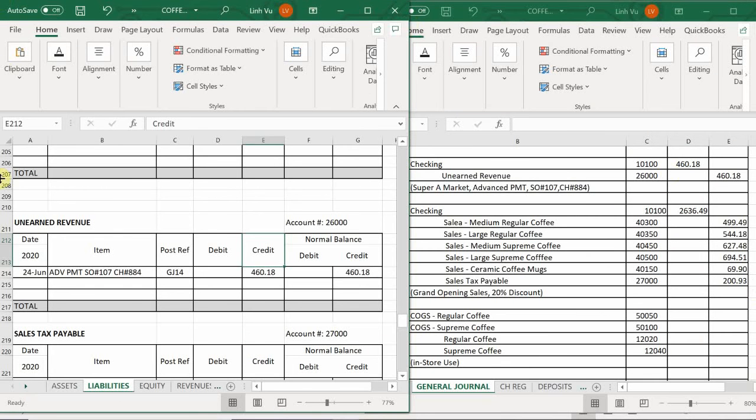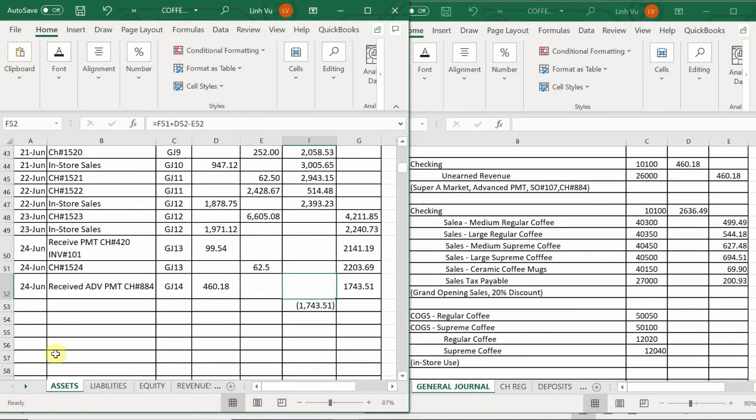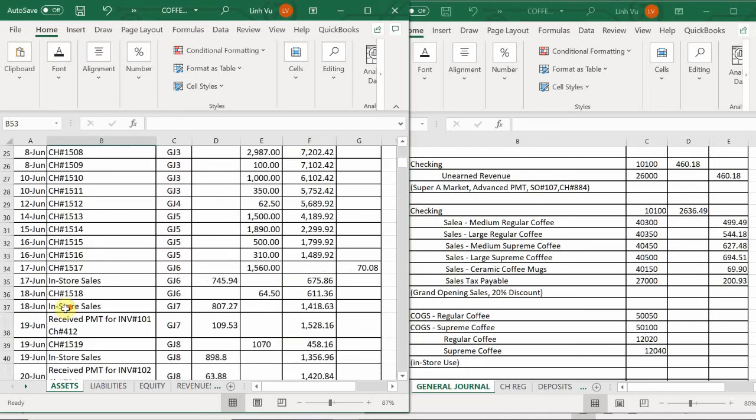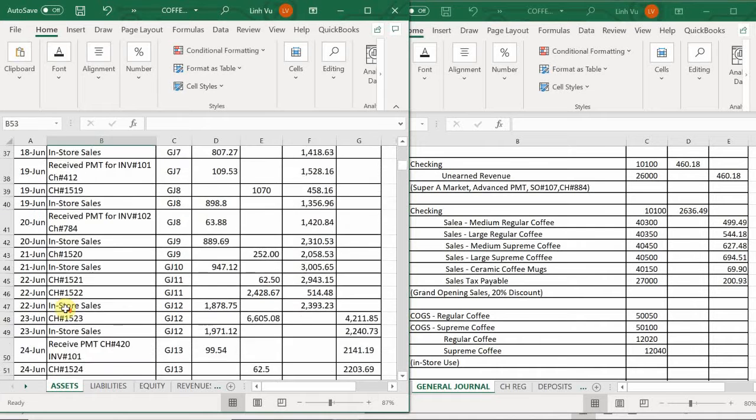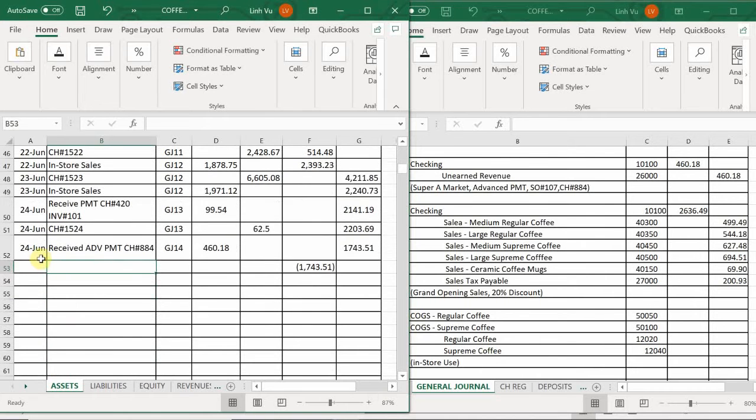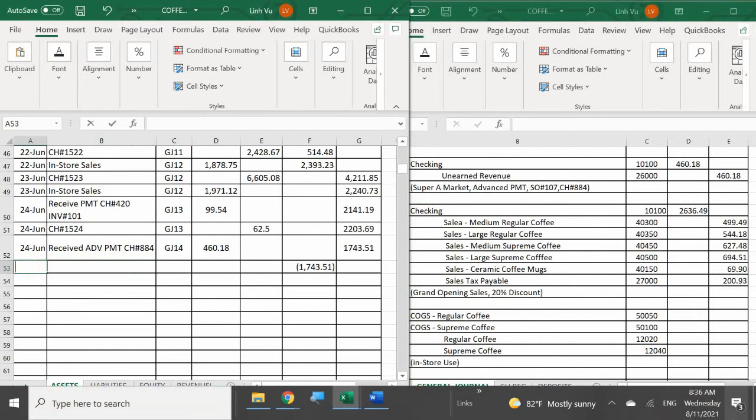And I started with checking and assets. I put in store sales. General journal 14.